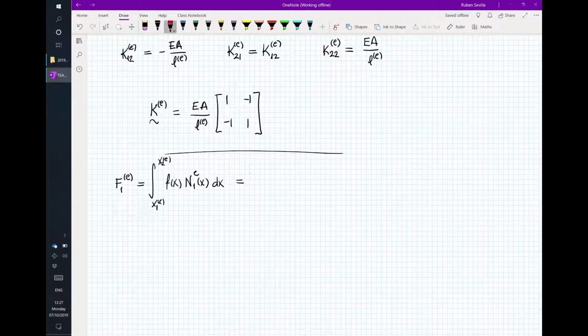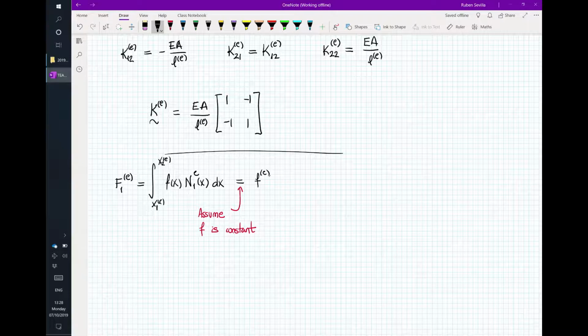What am I going to do now? Well, I'm going to assume f is constant, just to get a formula, just to get a feeling of how things work. And then we will do it more complex next week, or actually on Thursday. So I got f going out, and I'm going to call it f of the element.